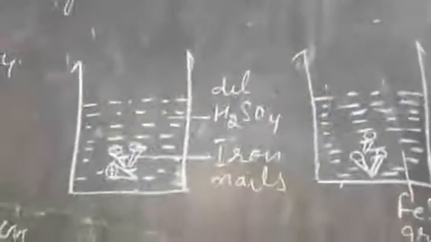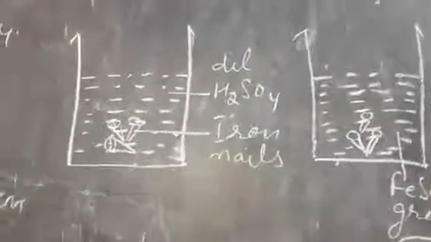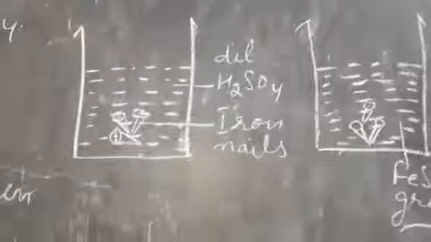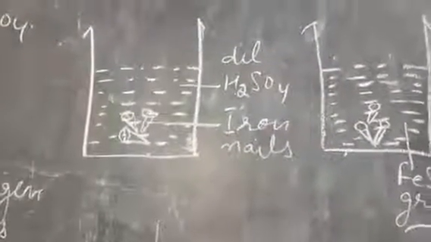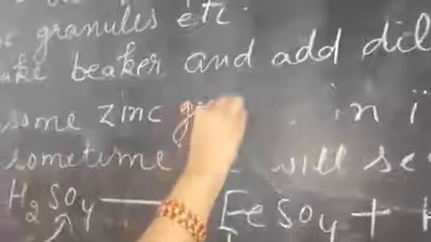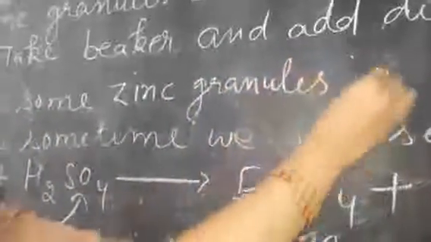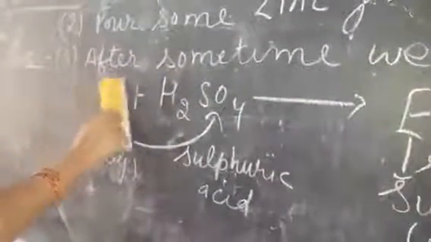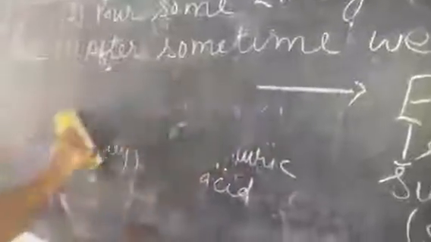And if we go for the next metal, then we take a beaker and add dilute sulfuric acid and pour some zinc granules in it. We put zinc granules in it, and after some time we will see what will happen.